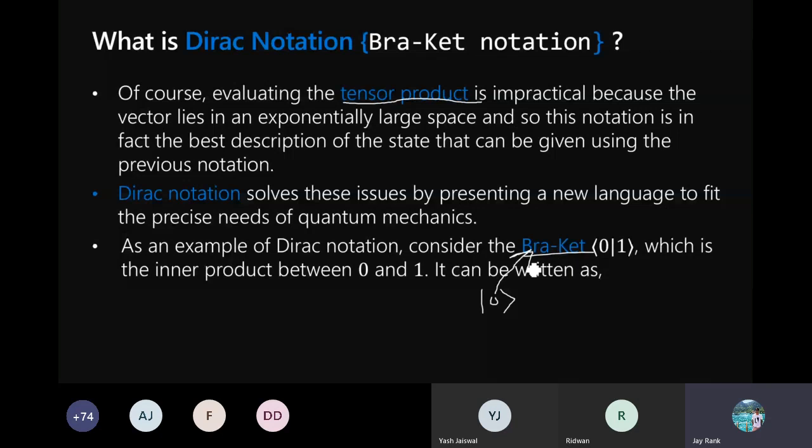This bra signifies a linear function that maps a vector space to the complex numbers. That is, it maps a normal Hermitian vector space to complex numbers. And this ket, specifically this ket, are just the vectors, the ordinary vectors of the Hermitian vector space.